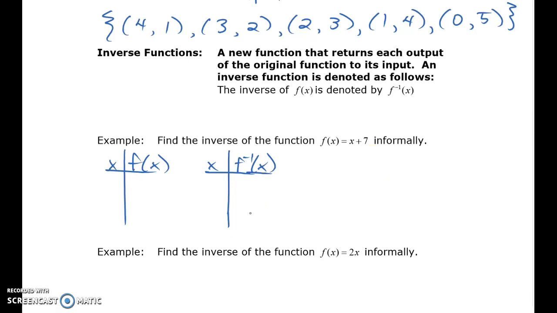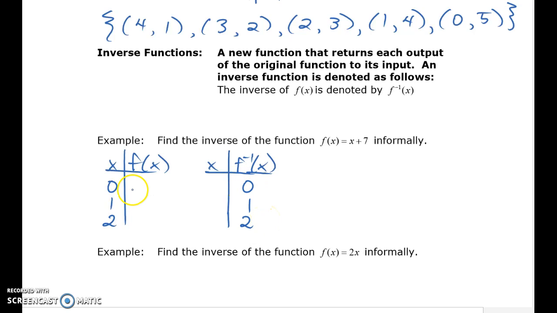But maybe we'll use more than 2 points just for the sake of seeing more. So 0, 1, and 2, and 0, 1, and 2.